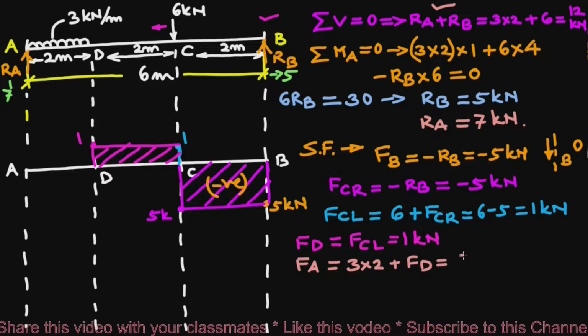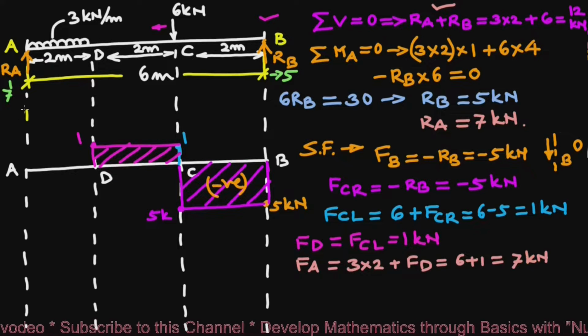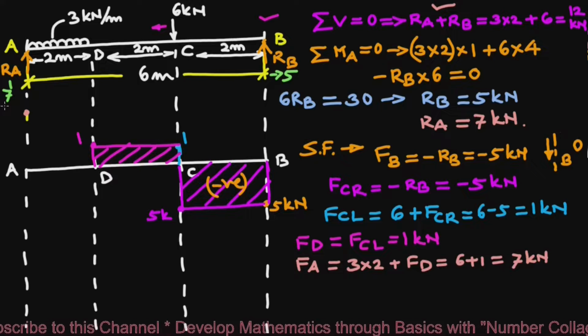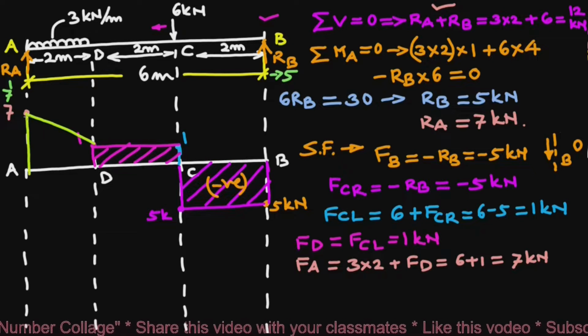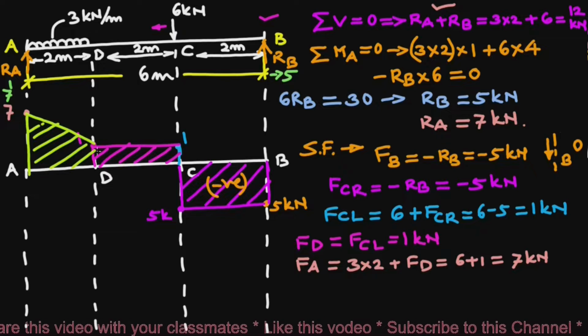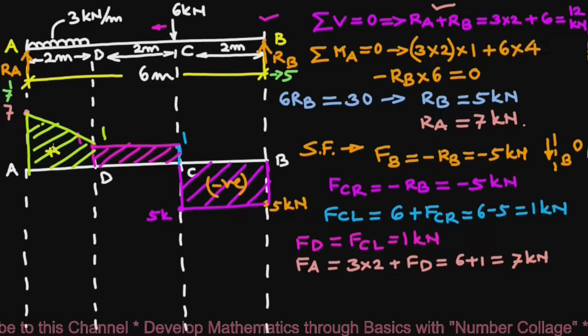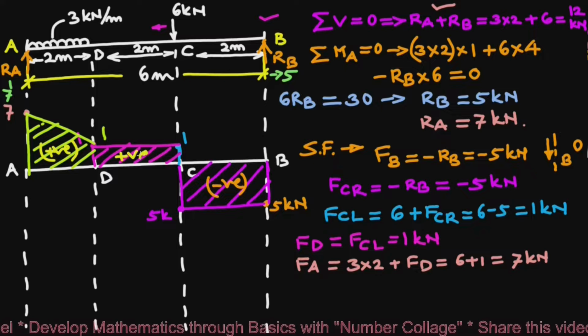So it will be 6 plus 1, 7 kilonewton. So this shear force we mark over here and join points 7 and 1, and this completes shear force diagram between points A and D. This will be positive and this also will be positive.